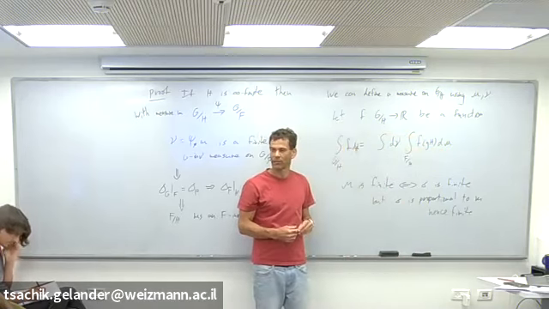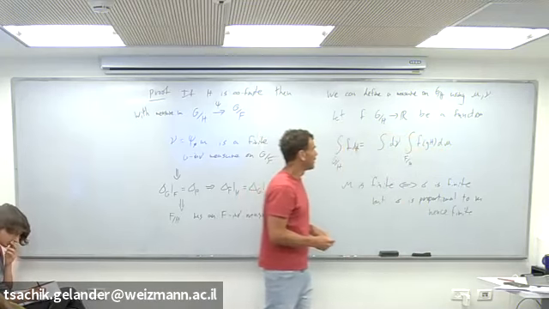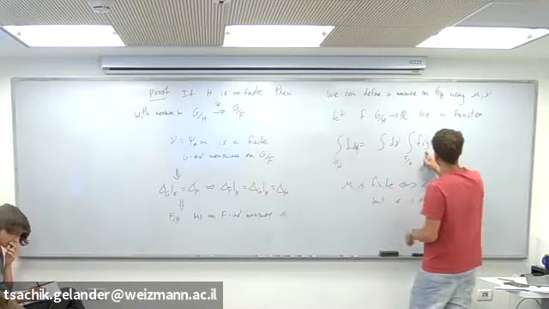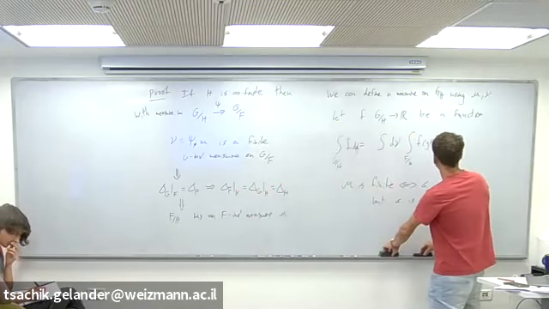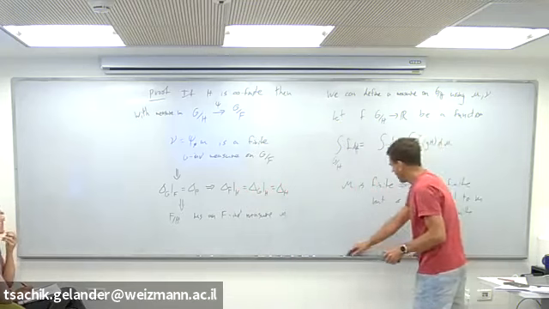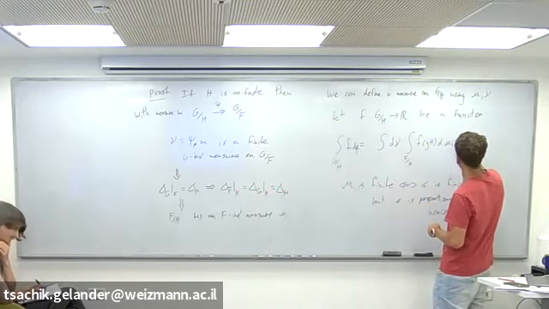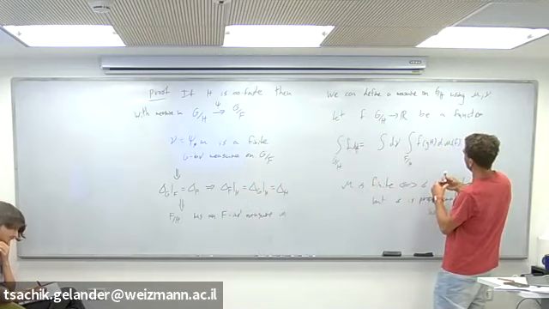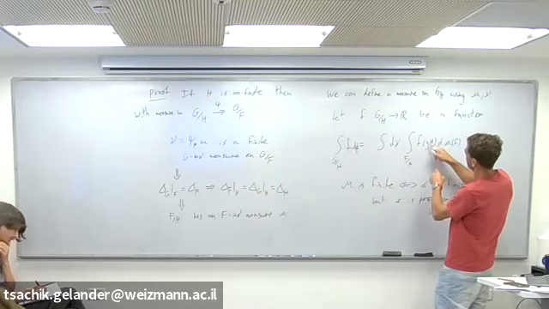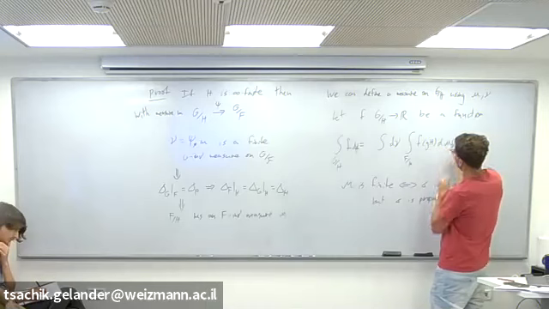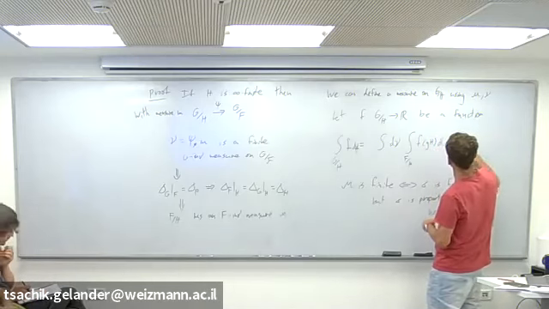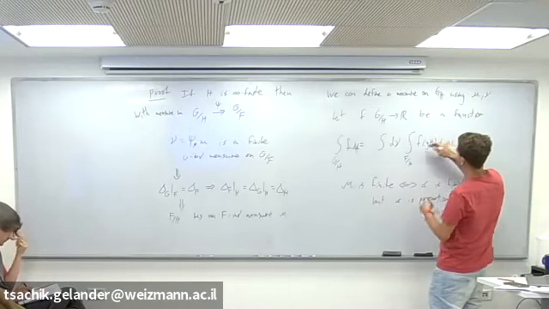On the right-hand side, it's a measure on F mod H, so G needs to be in F. This is a measure on F mod H. So what I mean here, so here I think not F, F is the function.